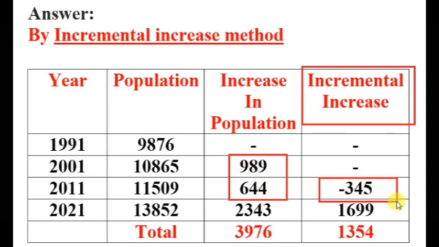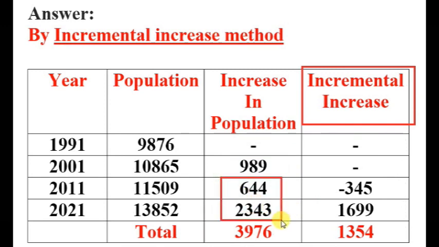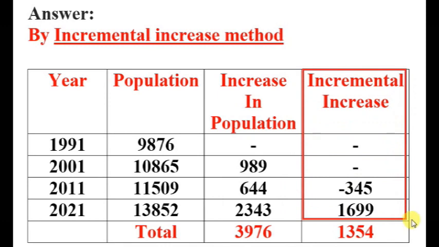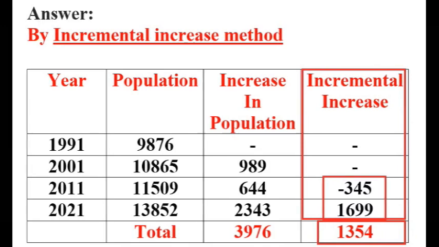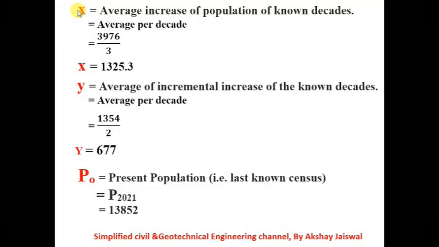It will be minus 345. Now again we will take the difference between these two values and we will get 1699. Now we will take the average of this column. We have to add these two values and then divide by 2. We will get 1354.